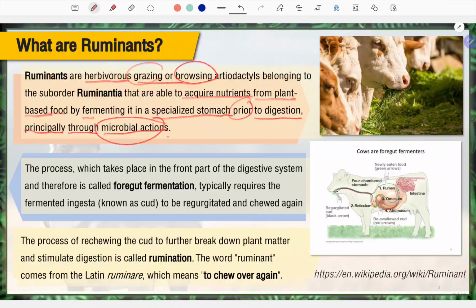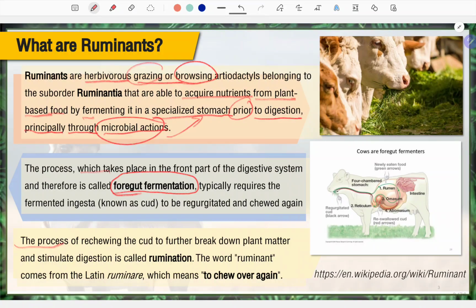This is called fermentation. It is the process which takes place in the front part of the digestive system, and therefore is called gut fermentation.